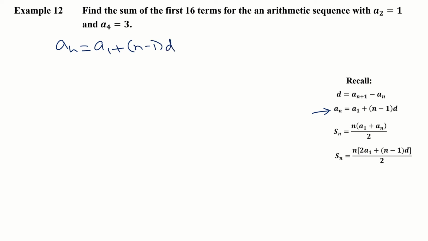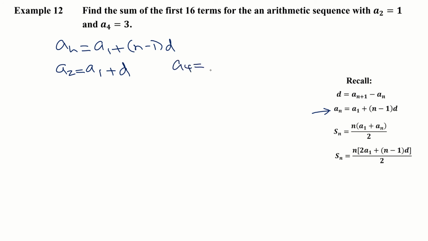So I know what a_2 is. a_2 is going to be a_1 plus, instead of n, I'm using 2. So 2 minus 1, that's 1 times d. So just d, right? Because 1 times d is d. And I know what a_4 is.